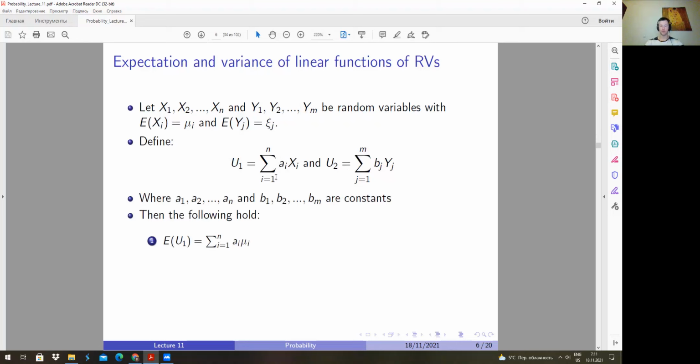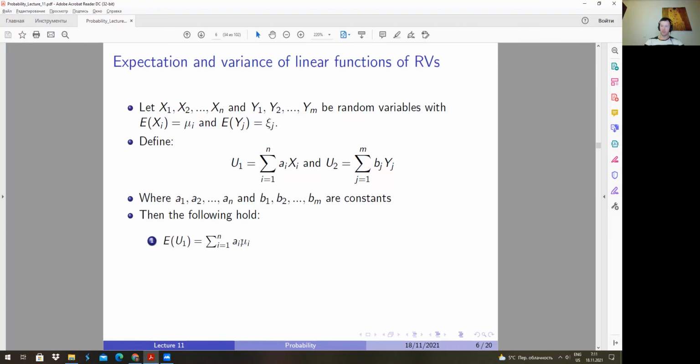The following holds. First of all, the expectation of u1, the same for u2, is simply the sum of these products. We multiply ai by mu i and then sum over them.